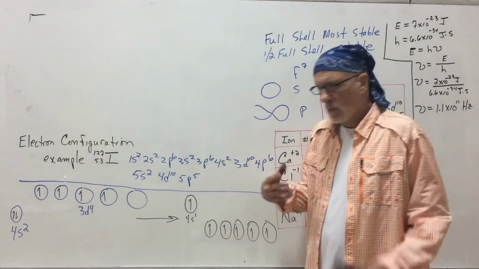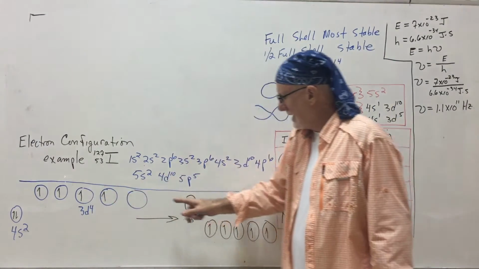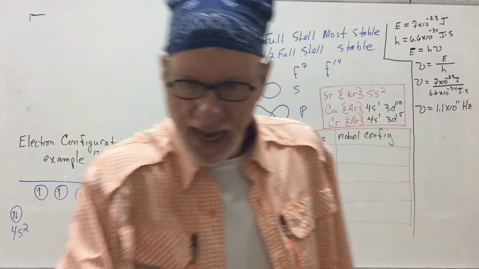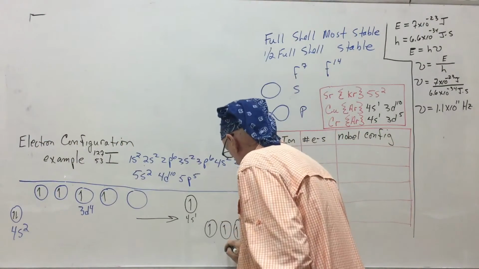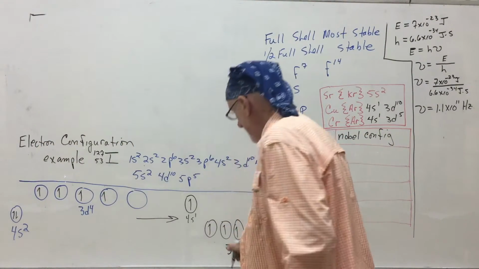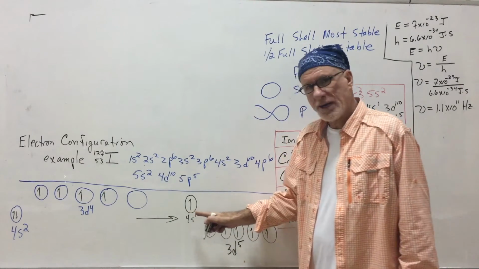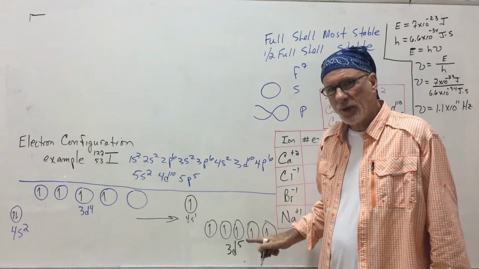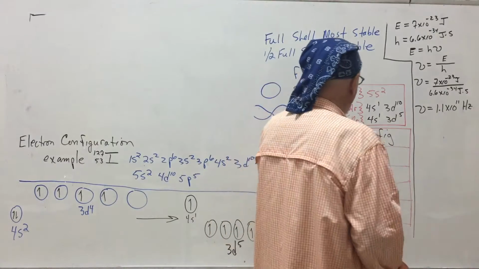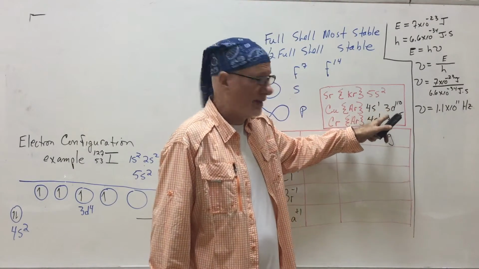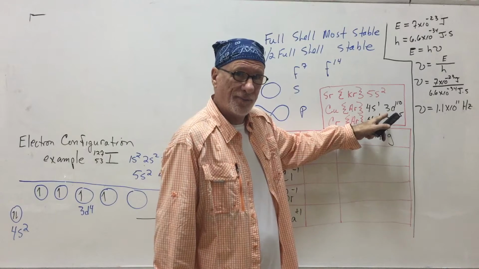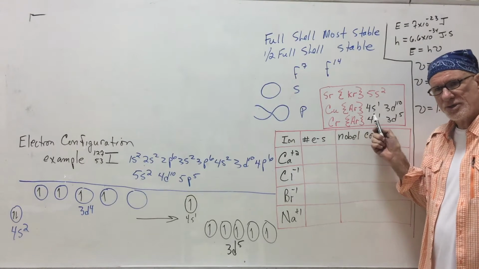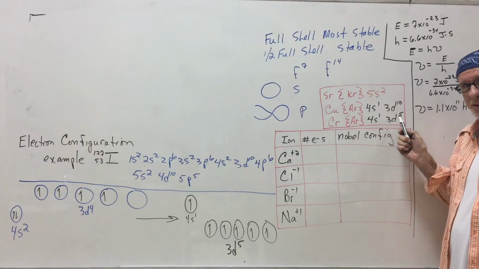Okay. So what happens is the d is now 3d5. That's actually a little bit lower energy. So you have 4s1 and then 3d5. But it's actually 3d5, 4s1. So this is actually not correct, because when you write electron configurations, you write from the lowest energy to the higher energy.